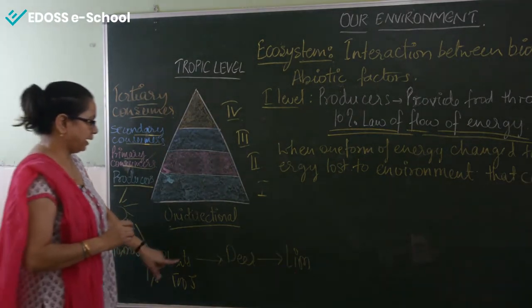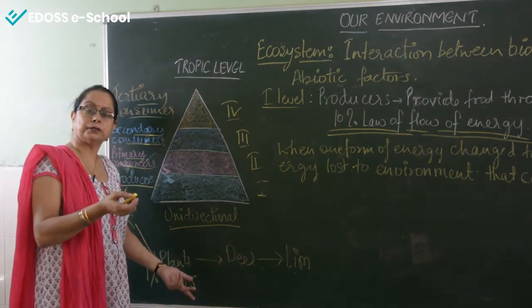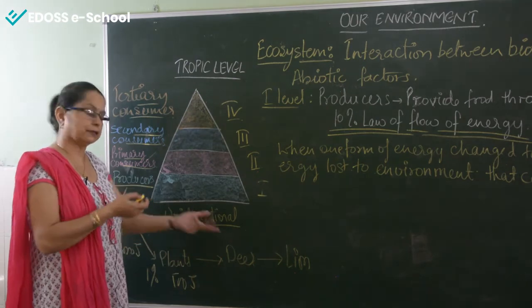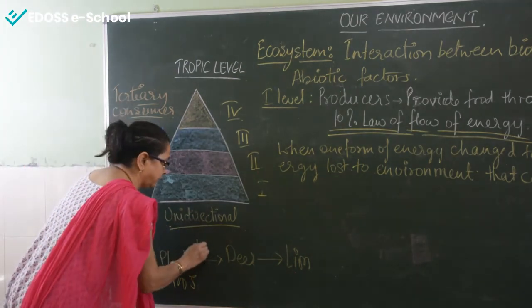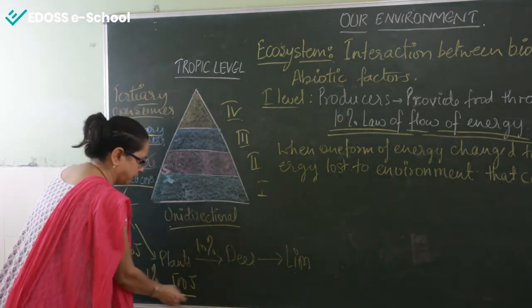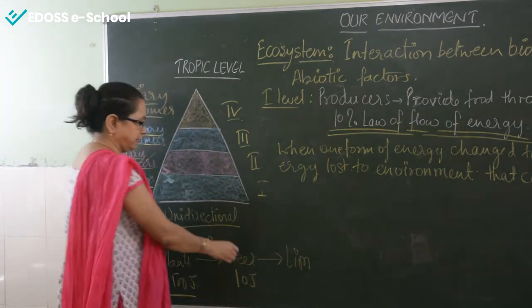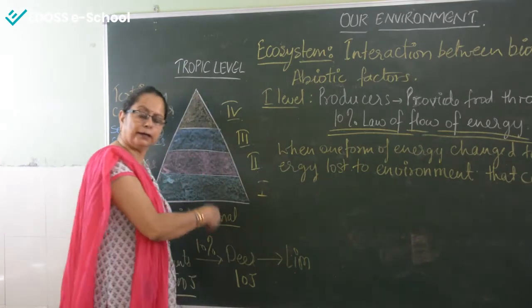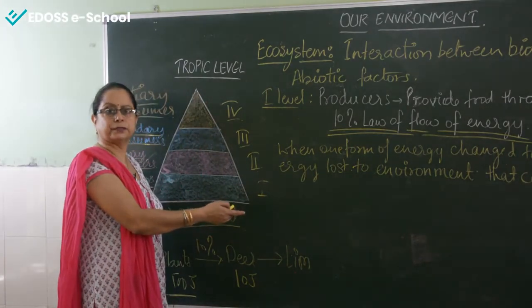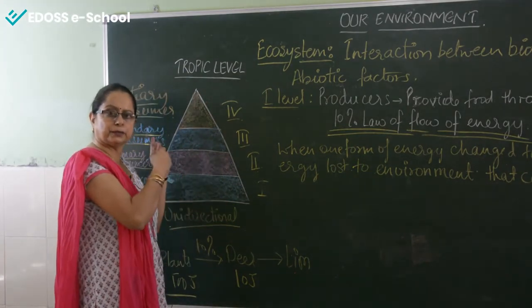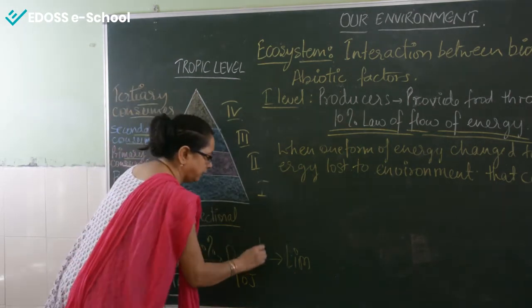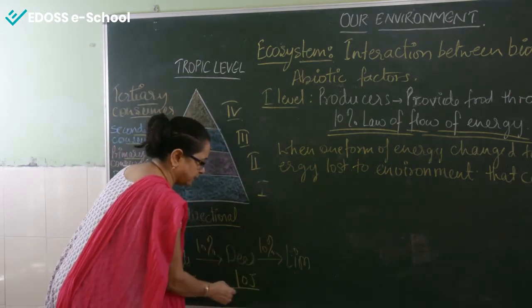When the plant is consumed by the deer, how much percentage of energy is consumed by the deer? That is again 10%. So 10% of 100 joules, how much? 10 joules. And when deer is consumed by lion, here again transferring of 10% of energy is there. The rest of the 90% goes back to the environment. Again 10%. So what is 10% of 10 joules?